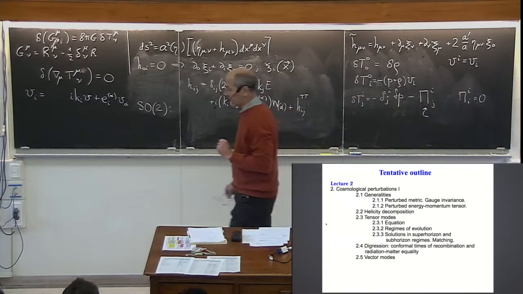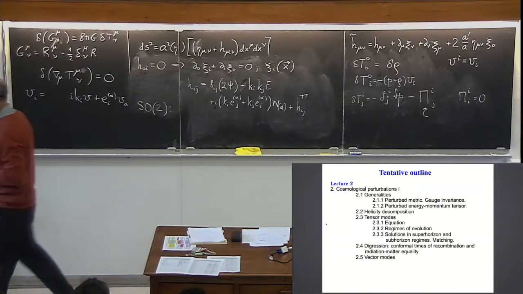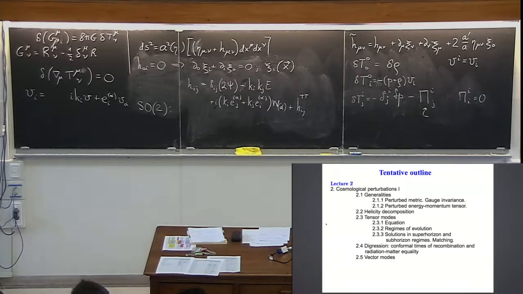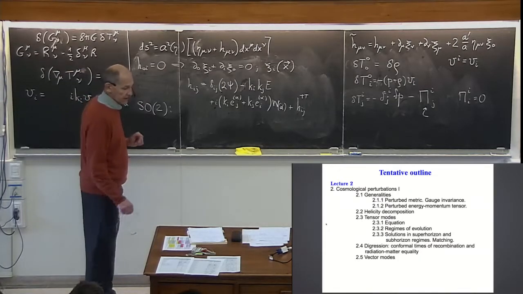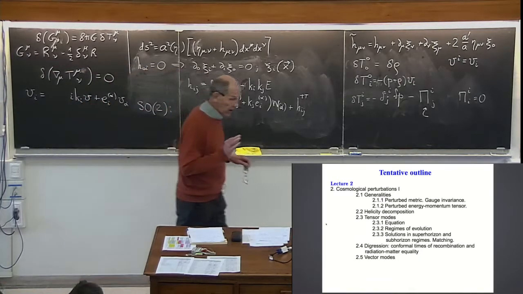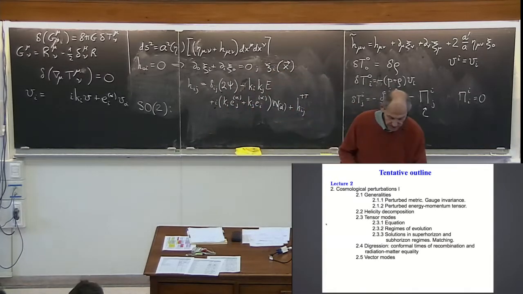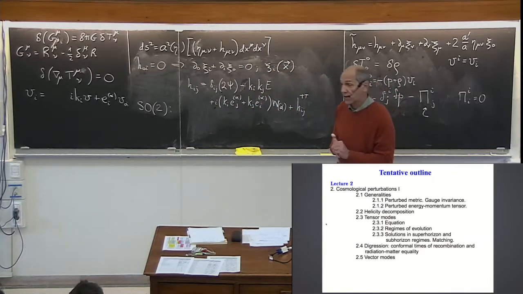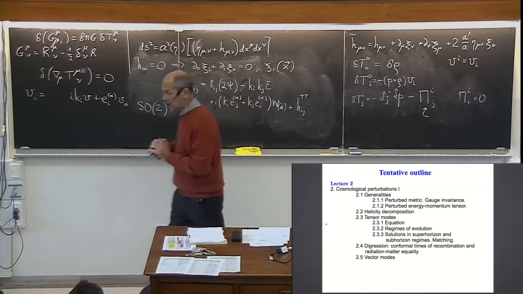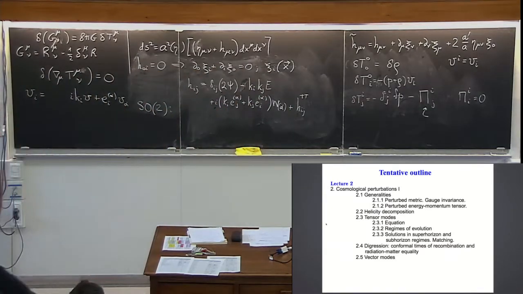And to a reasonable approximation, anisotropic stress is negligible for this purpose, for the tensor perturbations. Although it's not quite. We have different components in the universe. Some are described by perfect fluid very nicely. For example, dark matter.